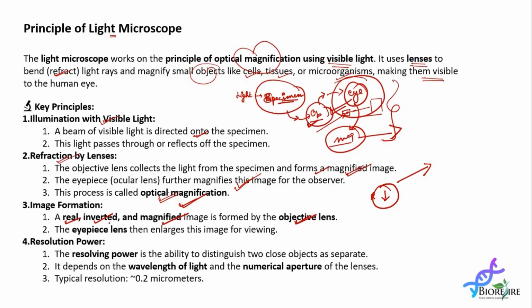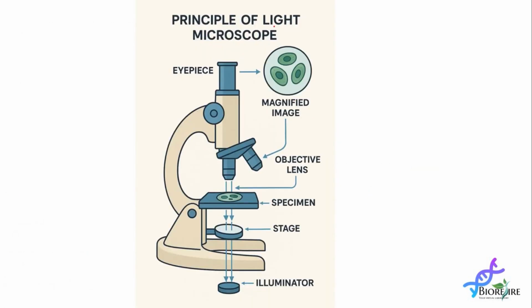Resolution power: what is the resolution power? Resolution power is the ability to distinguish two close objects as separate. It depends upon the wavelength of light and the numerical aperture of the lens. This is the basic principle of the microscopic technique.